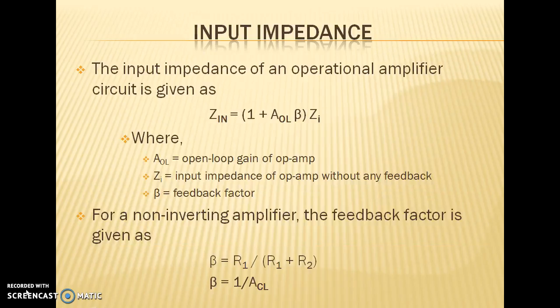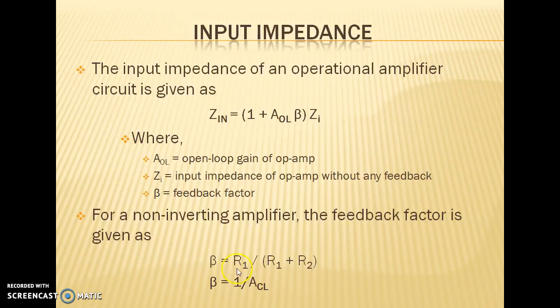To start with, the input impedance of an operational amplifier circuit is given as Zin = (1 + AOL β) Zi, where AOL is obviously open loop gain of op-amp, Zi is the input impedance of op-amp without any feedback, and β is the feedback factor. For a non-inverting amplifier, the feedback factor is β = R1 divided by R1 + R2.